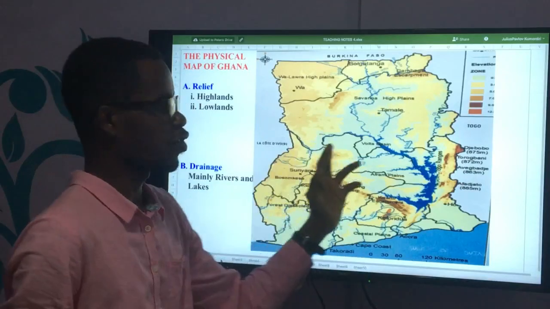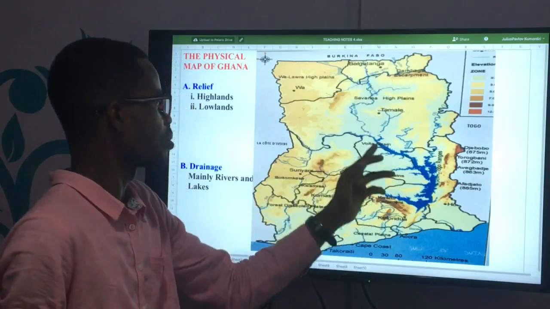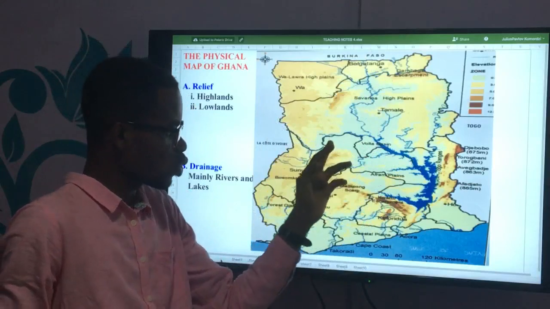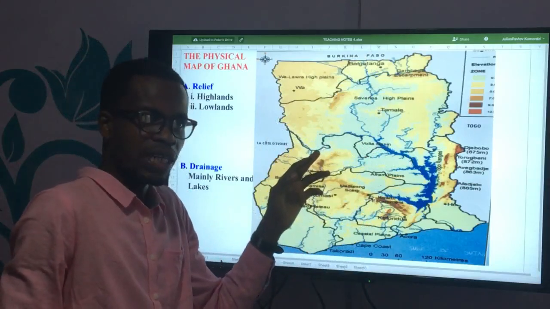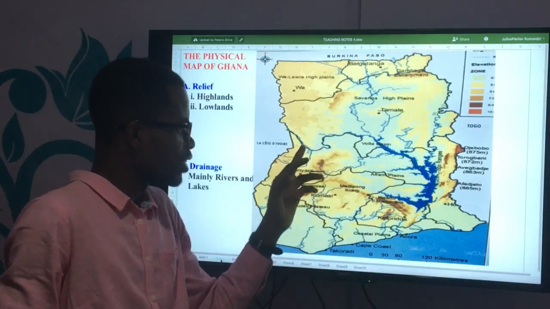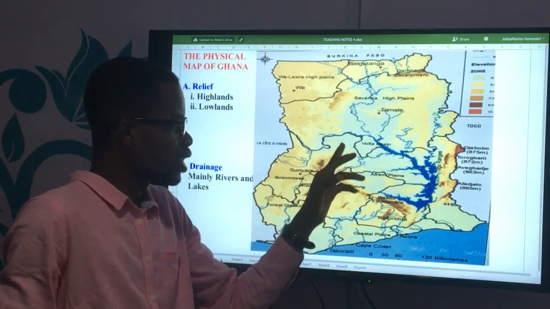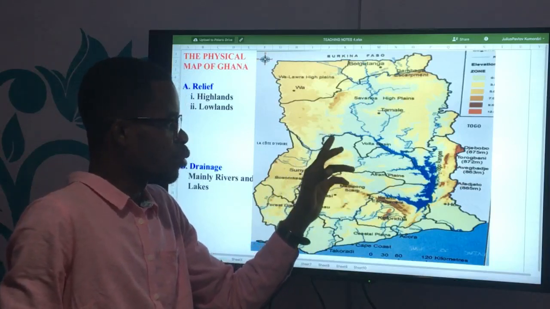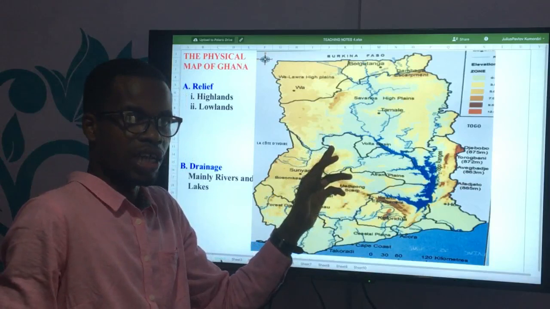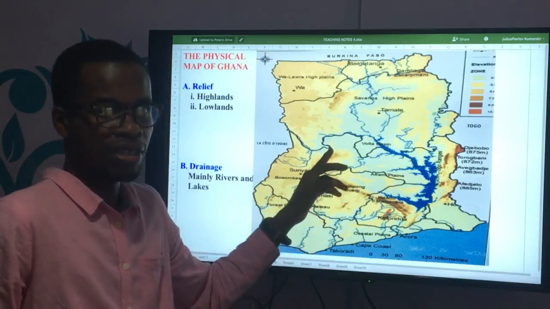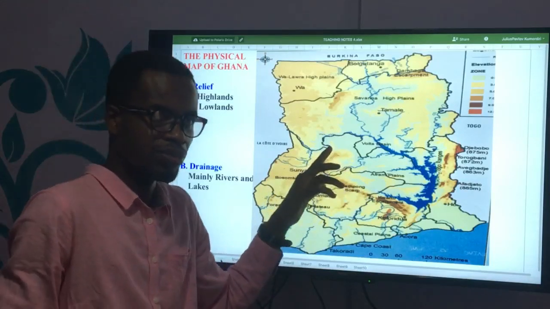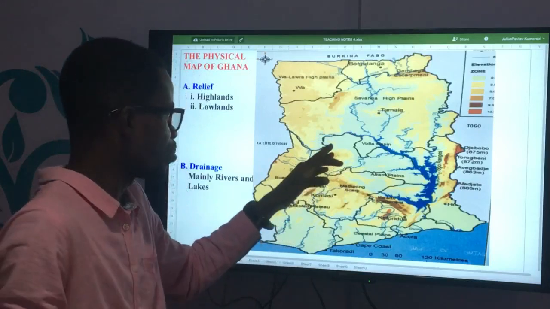So this one flows from this side. This one also flows from this side. And because this is closer to the Bono region and the Bono East, they've been able to divert it and construct the Bui Dam. So you hear about the popular Bui Dam.